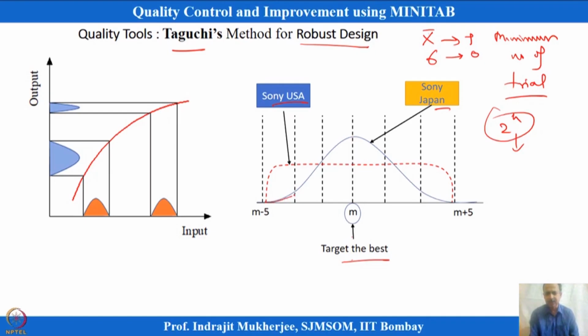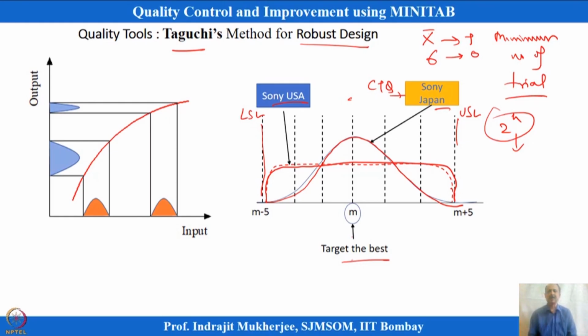When they took samples, the graphical representation of the CTQs from Sony Japan is like this, a normal distribution curve. But Sony US is producing within specification, this is the USL and this is the LSL, the lower and upper specification limits defined by the customer, and they are using the whole tolerance zone, consuming the full tolerance.